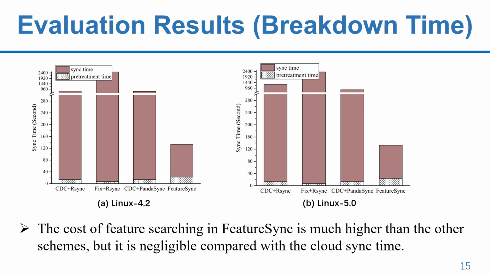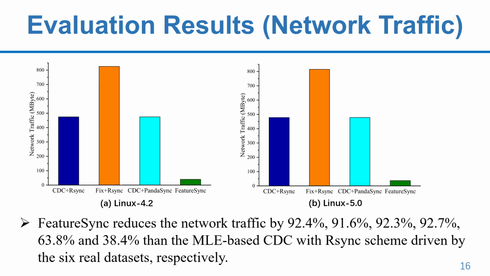The bottleneck of sync time is mainly on the network. By observing the network traffic, we can see that the key to reduce the sync time of Feature Sync is to reduce network traffic due to the feature-based encryption, which avoids the data amplification to a large extent. More tests are in the paper.